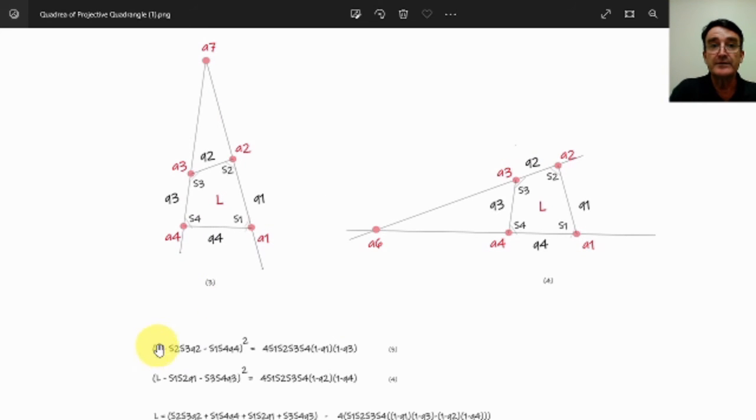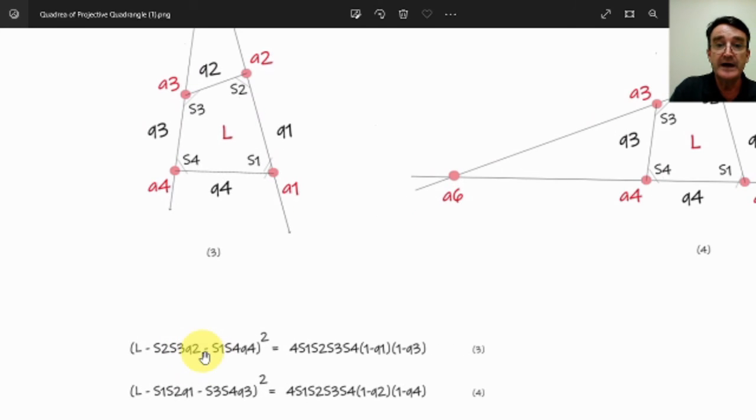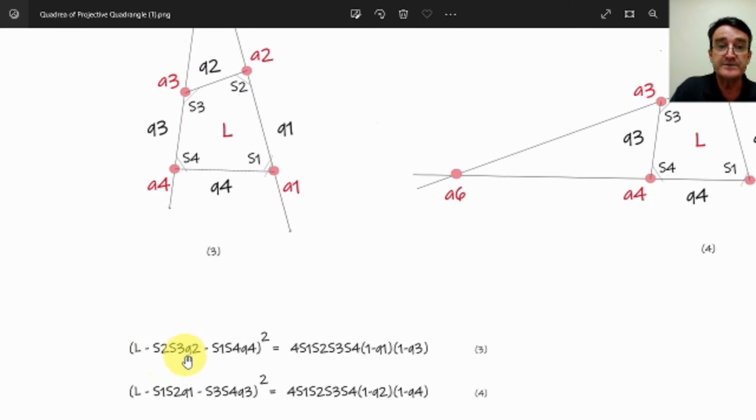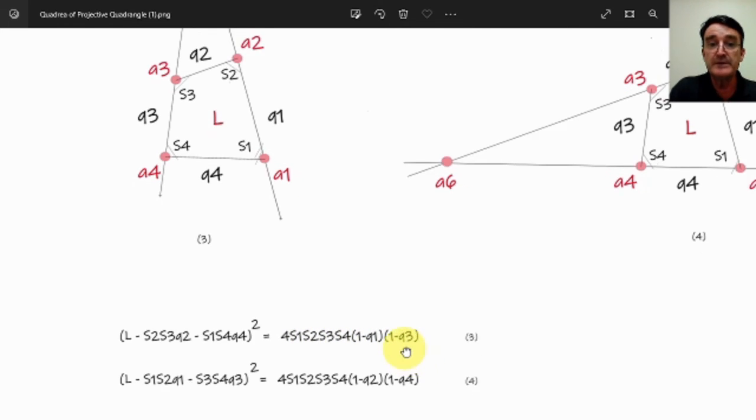Okay, so again, equation 3 goes with this triangulation, and we have (L minus S2, S3, Q2 minus S1, S4, Q4), all of that squared, is equal to 4 times S1, S2, S3, S4 times (1 minus Q1) times (1 minus Q3).